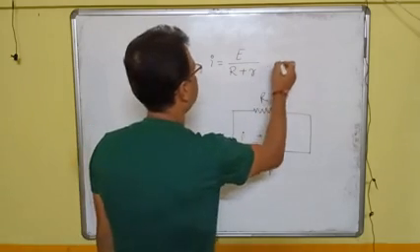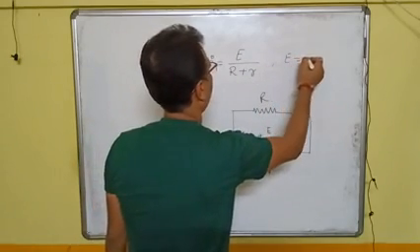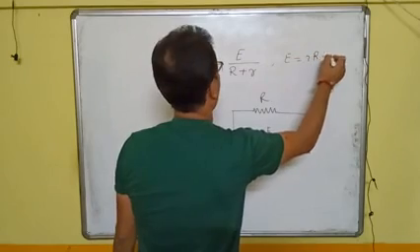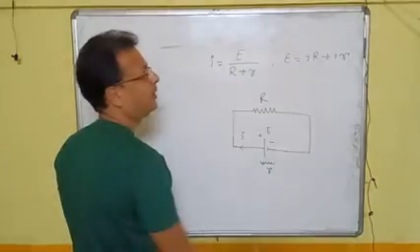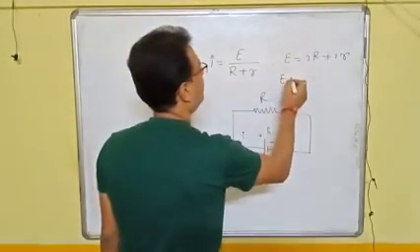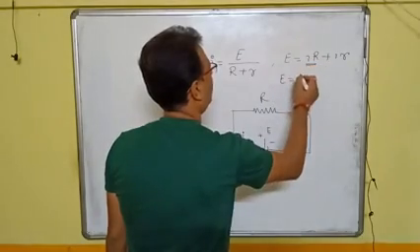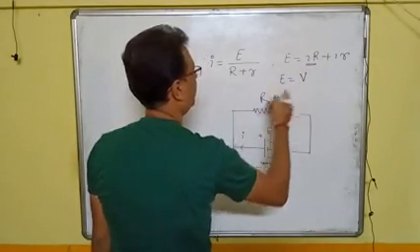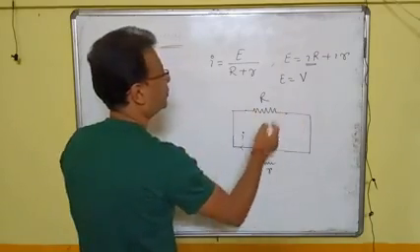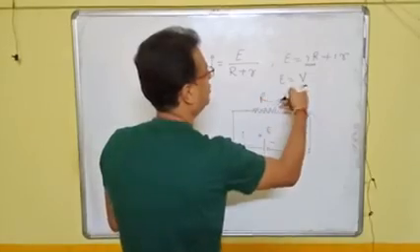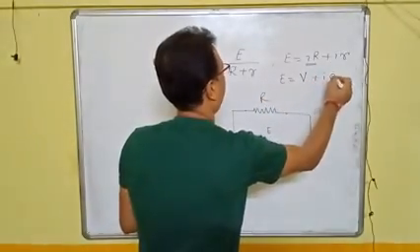So we add up. We can write E equals I into R plus I into small r. I into R is V, that means the potential difference across the resistance. So we can write it as E equals V plus I into r.